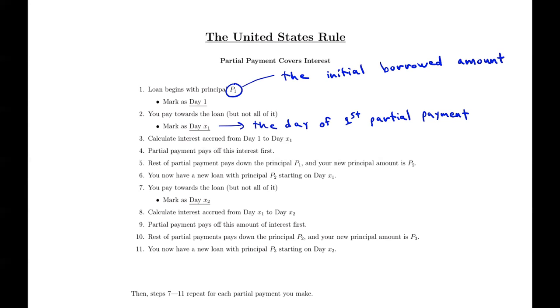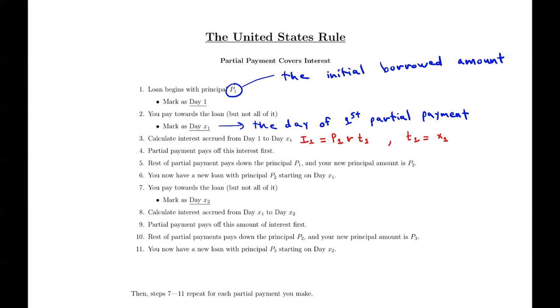I'm going to call this interest I1 right there. And we know that we could calculate that with the principal amount, which is P1, because that's how much we borrowed, multiplied by the interest rate R. And then we can multiply that by what I'm going to call T1. What I'll make a note of here is that T1 is just going to be the difference in how many days you had in this loan term so far.